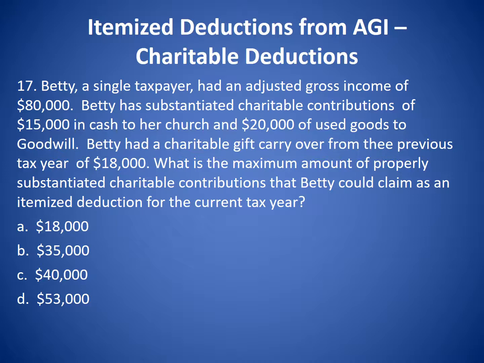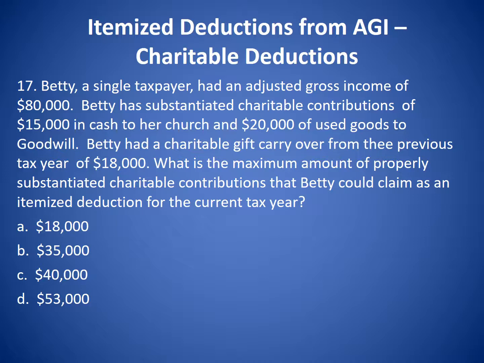Betty is a single taxpayer and she had an adjusted gross income, AGI, of $80,000. Betty has substantiated charitable contributions of $15,000 in cash to her church and $20,000 of used goods to Goodwill.